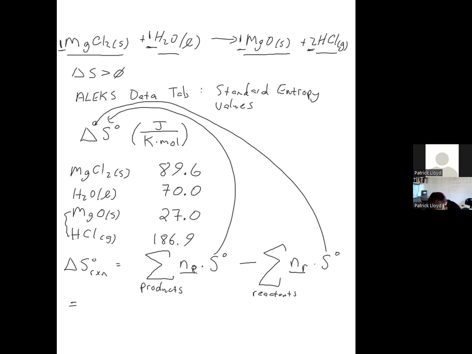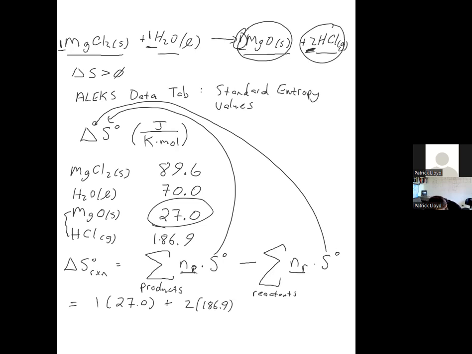So the first product is MgO, and the coefficient is a 1. So what you do is you say 1 times, and you look up your MgO, 27.0. I'm not going to put the units in because it just takes up a lot of space. And then you do the second product. So a 2, right? There's a 2 in front of it. And then HCl is 186.9. Okay.